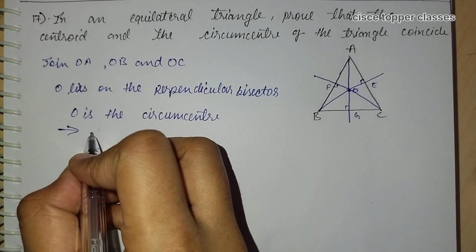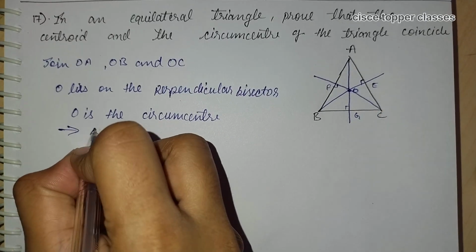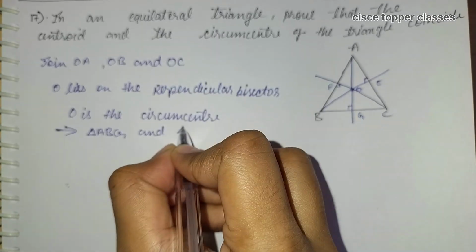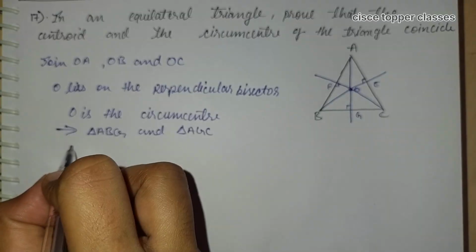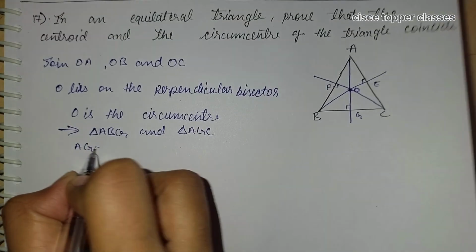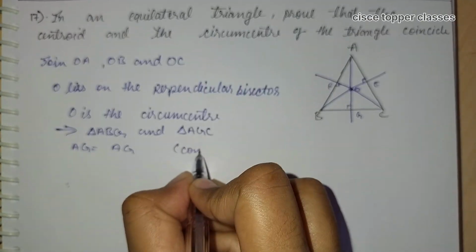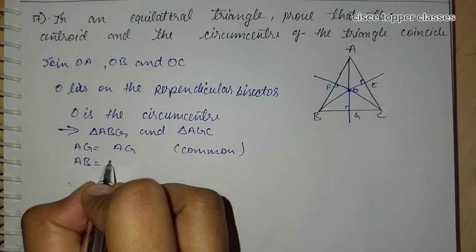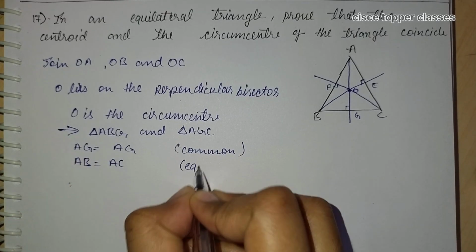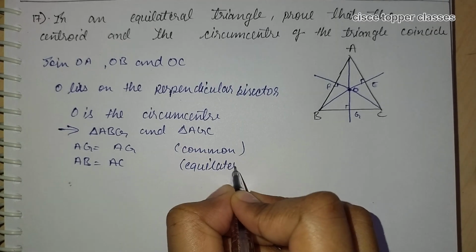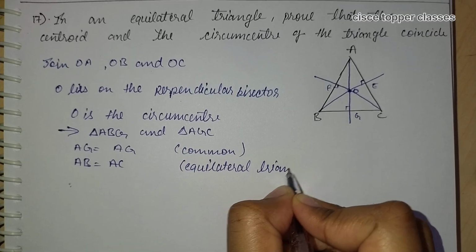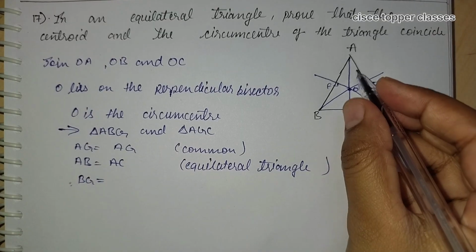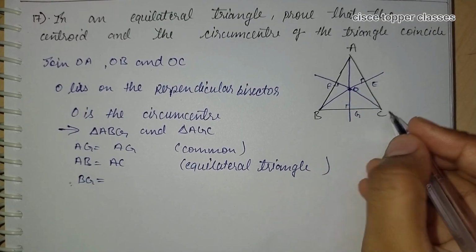So from that we can say, in triangles we will take triangle ABG and triangle AGC. From here we have AG as common, and AB is equal to AC because it is an equilateral triangle, and here BG is equal to GC because the median divides it into two equal parts.